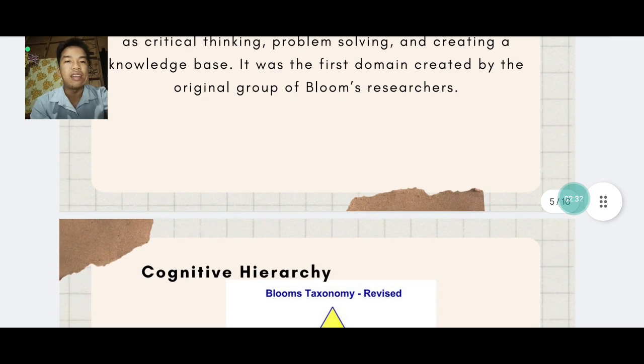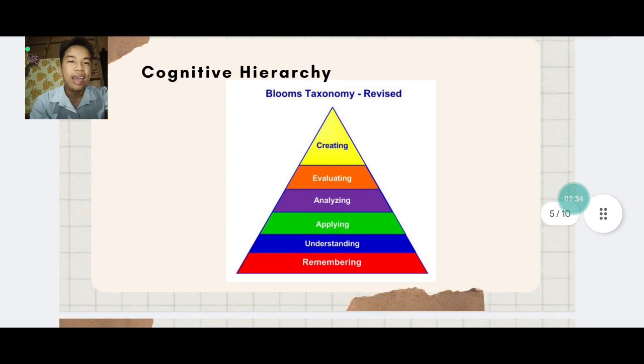I have here the cognitive hierarchy. As you can see, the top of the hierarchy is creating, and the bottom or the base is remembering. We will discuss each part of the cognitive hierarchy: what these are, and how we are going to attain them.